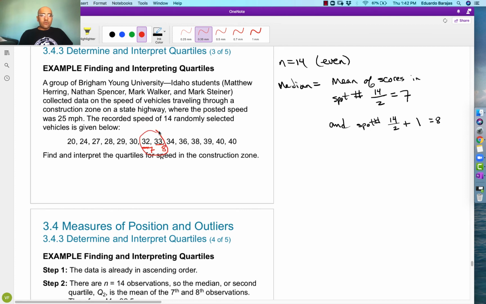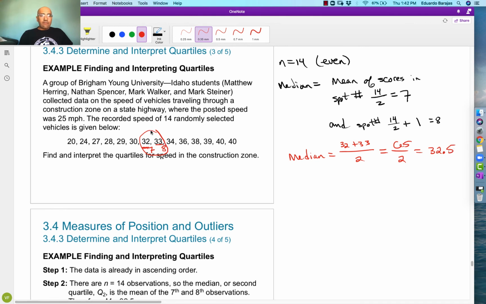We take these two numbers, with 6 numbers to the left and 6 numbers to the right. The mean of those two will be our median. Median equals 32 plus 33 divided by 2, which is 65 divided by 2, giving 32.5.